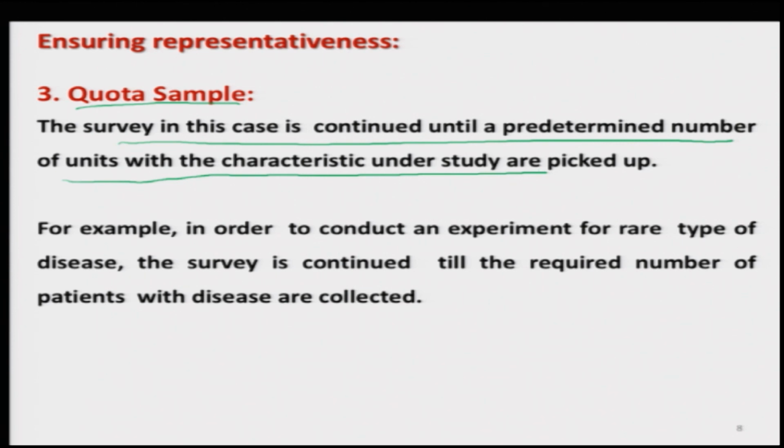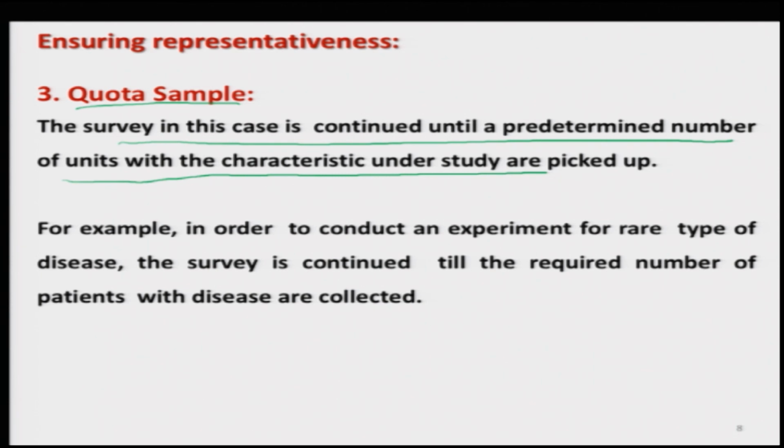For example, if there is a medical experiment, a clinical trial where they want to give medicine for some rare type of disease, then not all the patients coming to a general hospital will have that rare disease.